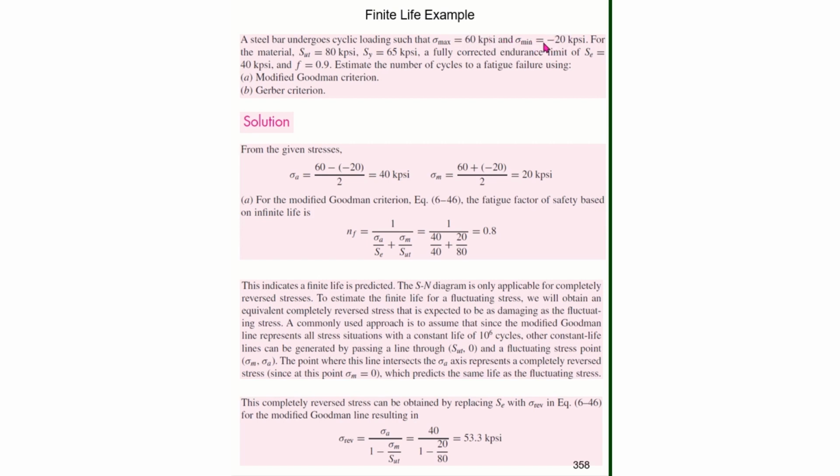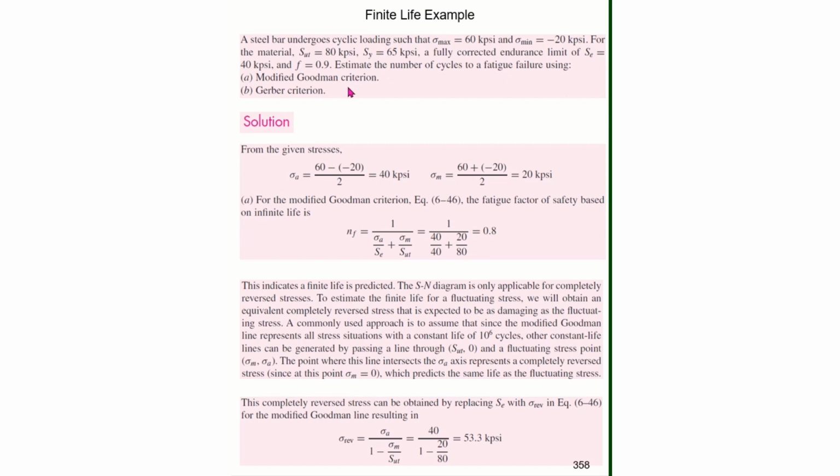So we can see that we're not completely reversed, which indicates we need to use the Goodman failure equation. For the material, we have SUT, SY, and a fully corrected SE of 40, and little f is 0.9. It says estimate the number of cycles to a fatigue failure using Goodman and Gerber.